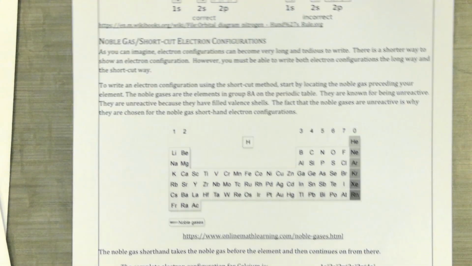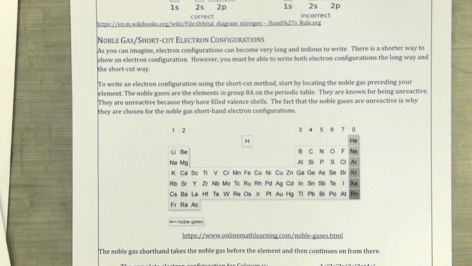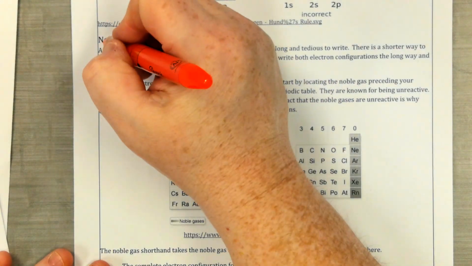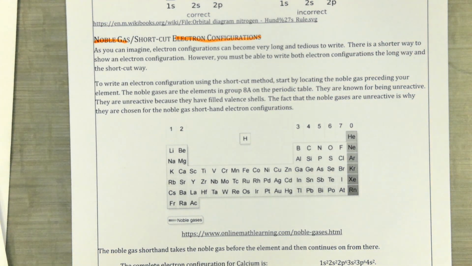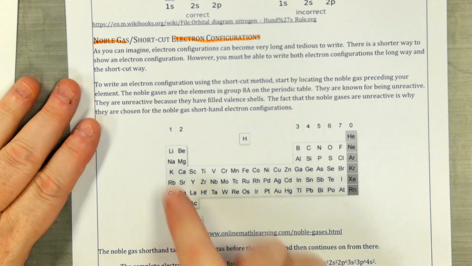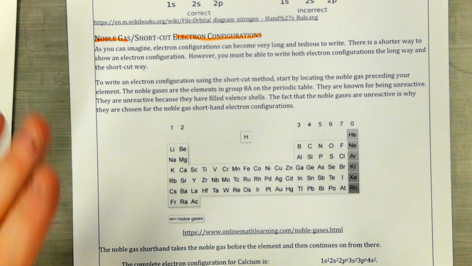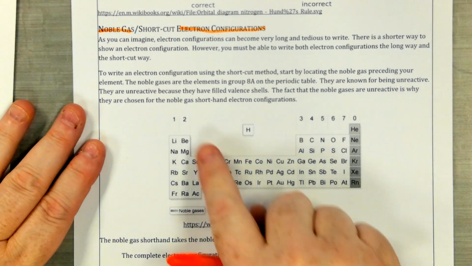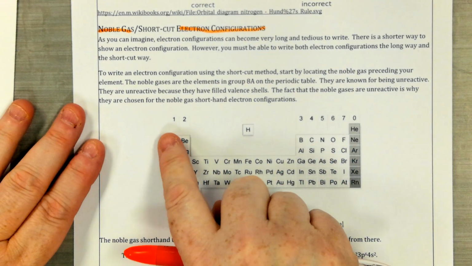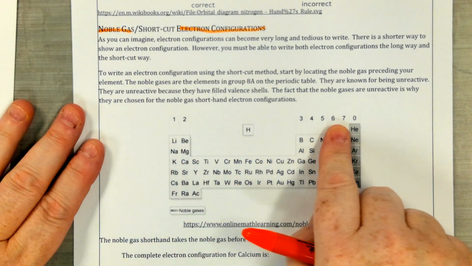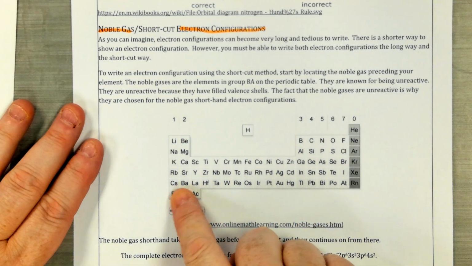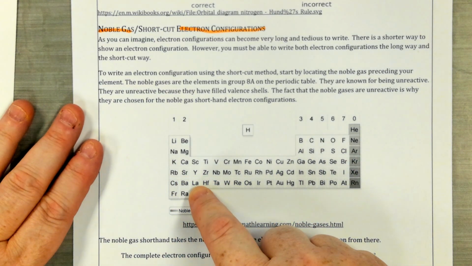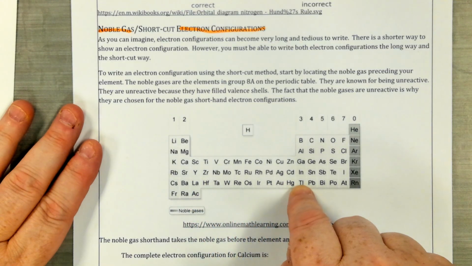All right, now, noble gas and the shortcut electron configuration, how to write it. So when you get down into the lower periods, it gets pretty long with the 1s2, 2s2, 2p6, and on down to, like, 6s2, 5d10.